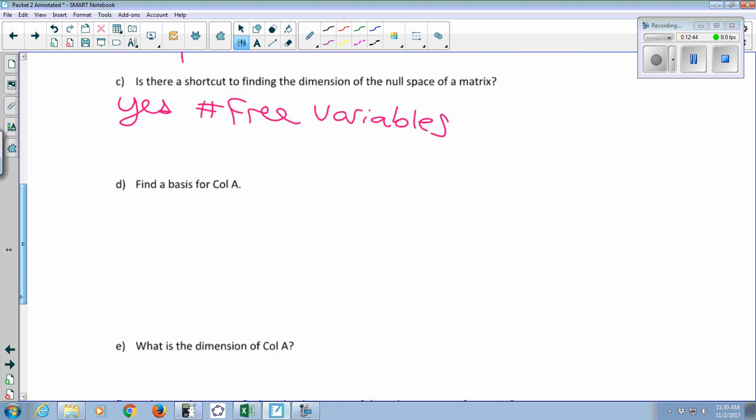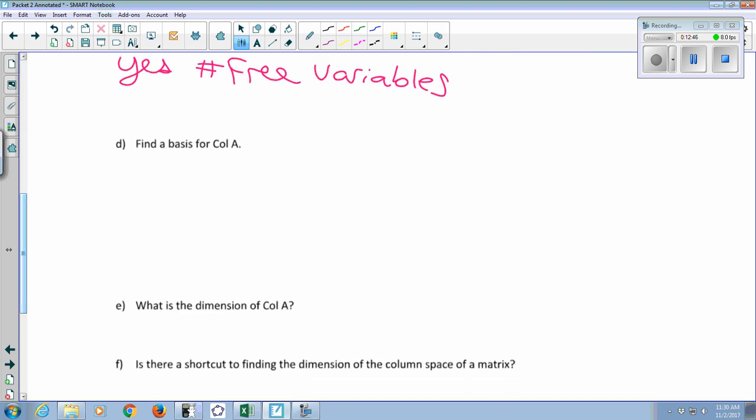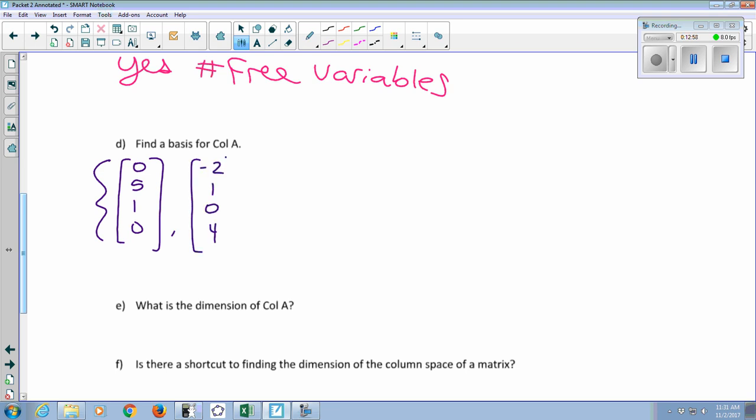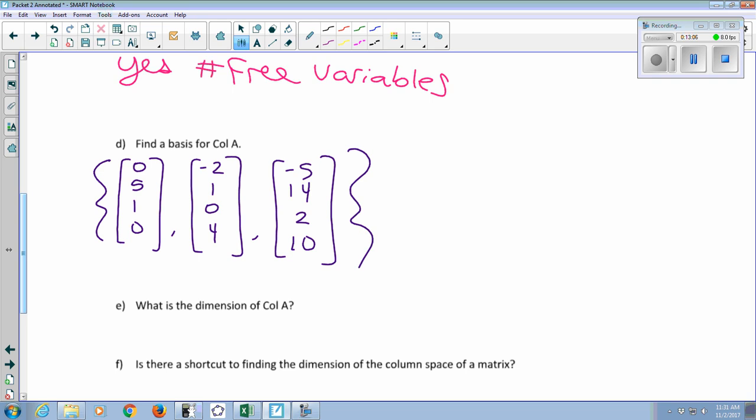That's your basis for the column space. So we already did all the row reducing work, so just write down the answer. 0, 5, 1, 0. Negative 2, 1, 0, 4. And negative 5, 14, 2, 10. So that's my basis for col A.